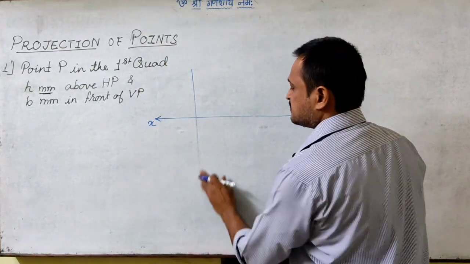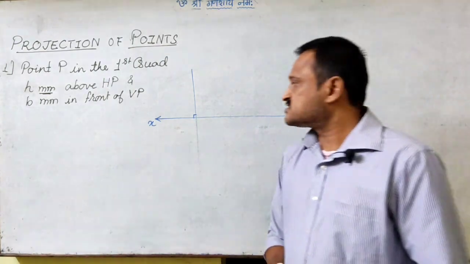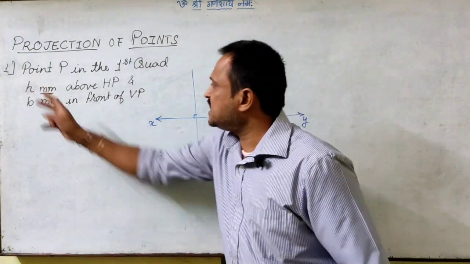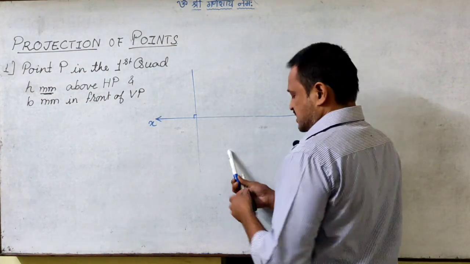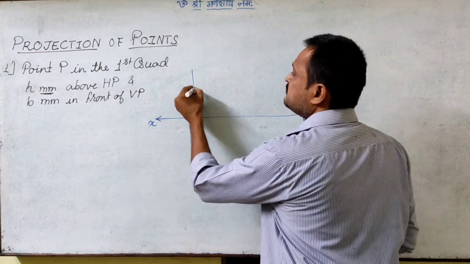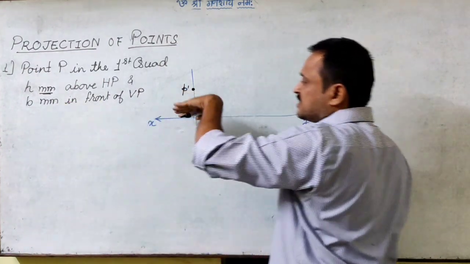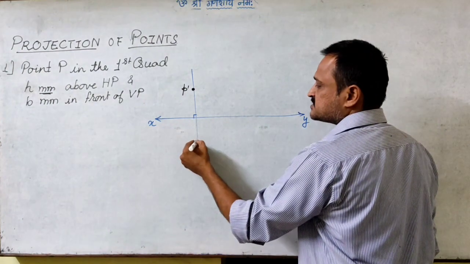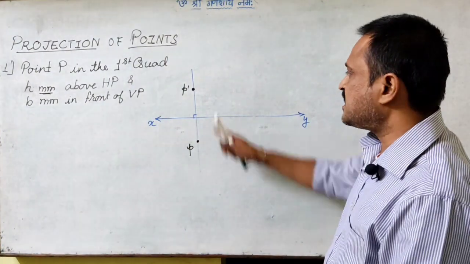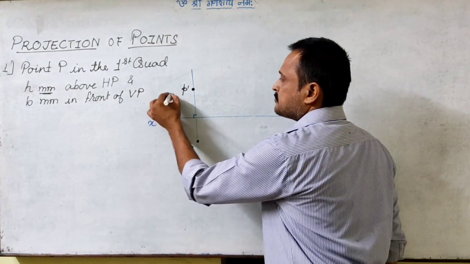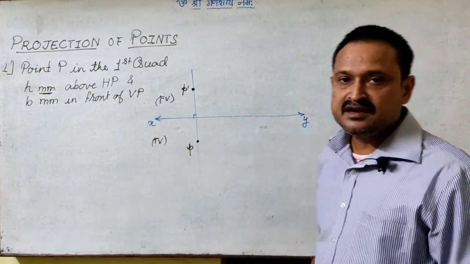I draw the projector, and the projector will always be perpendicular to the reference line xy. If I know the height, then at h height from the reference line, I can mark the front view image of this point. This is P dash. At b millimeter in front of the xy line, this is the top view of the point P. So I have the front view and the top view with me. So I have H and B with me.